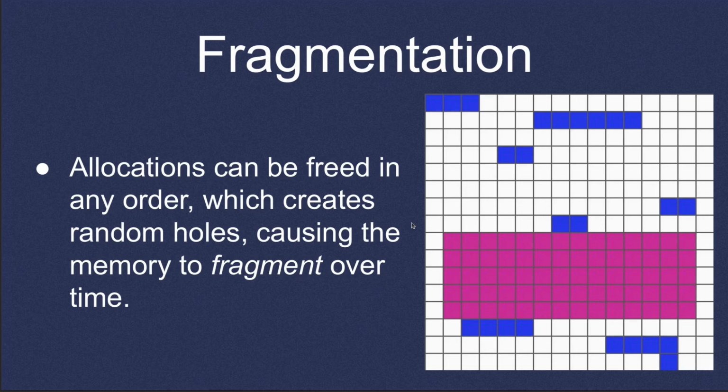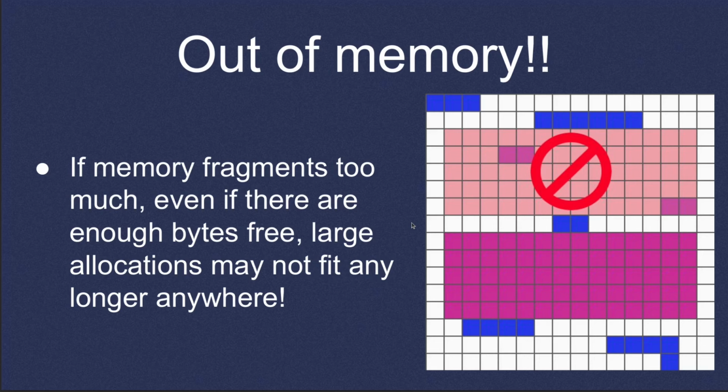Then memory keeps growing and growing until it reaches a very big memory usage. Or if you have a limited amount of memory, like some platforms that don't have a swap or anything like that, then you're just out of memory. That is what happens when you have enough memory in bytes free, but you don't have enough contiguous memory to do the allocation we want.